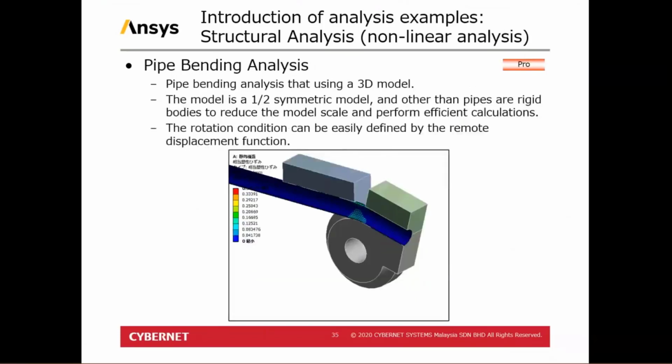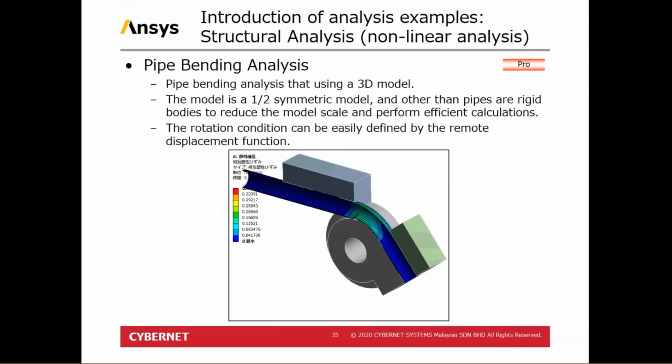So next we take a look at an application in a manufacturing process. This is a structural nonlinear analysis of a pipe bending process. In this case, we would like to know the behavior of the pipe with a certain material. We also want to know its deformation. We're interested in what kind of stress develops on the pipe and so on.